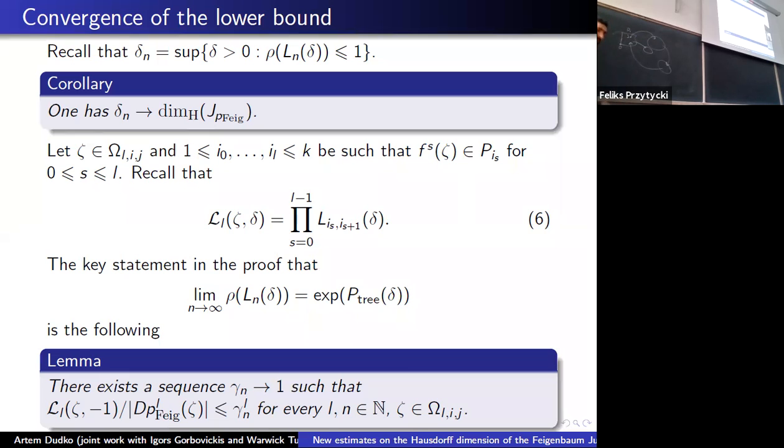And this allows us to control the product of the ratio of derivatives on each step of our iterate. This is a very brief idea.